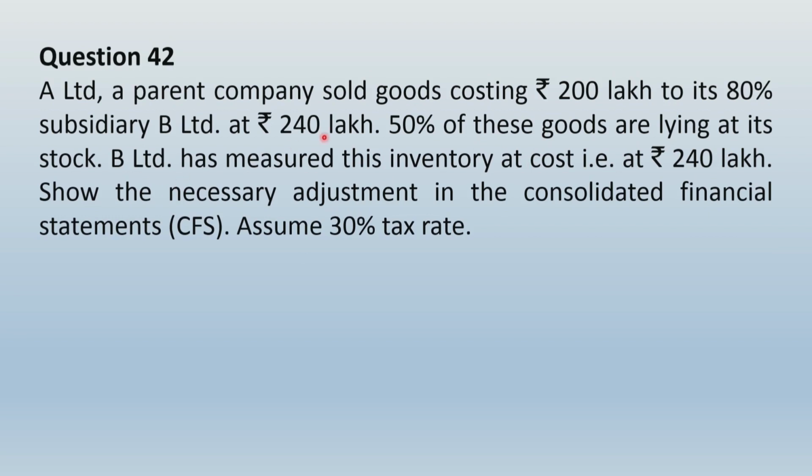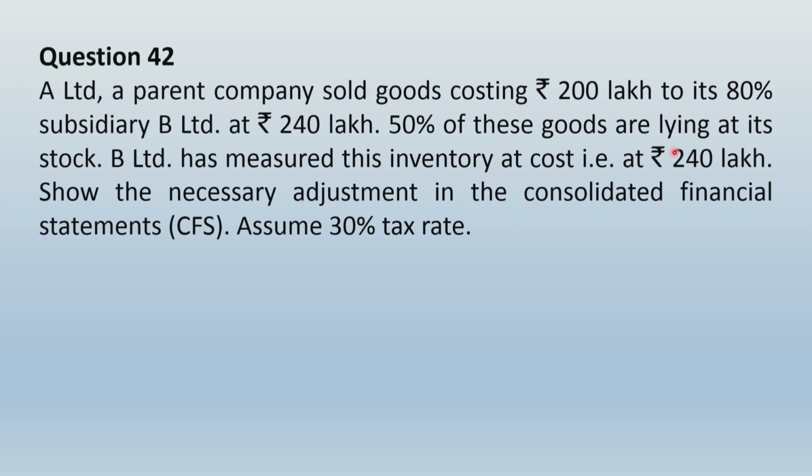So what we can say is, the profit made in this transaction by the parent company was the difference between the sale price and the cost, that was 40 lakhs. Half of this inventory is lying in the stock of the group, which will consist of unrealized profit of half of 40 lakhs, and that would be 20 lakhs. So 20 lakhs of unrealized profit needs to be removed from the consolidated financial statements.